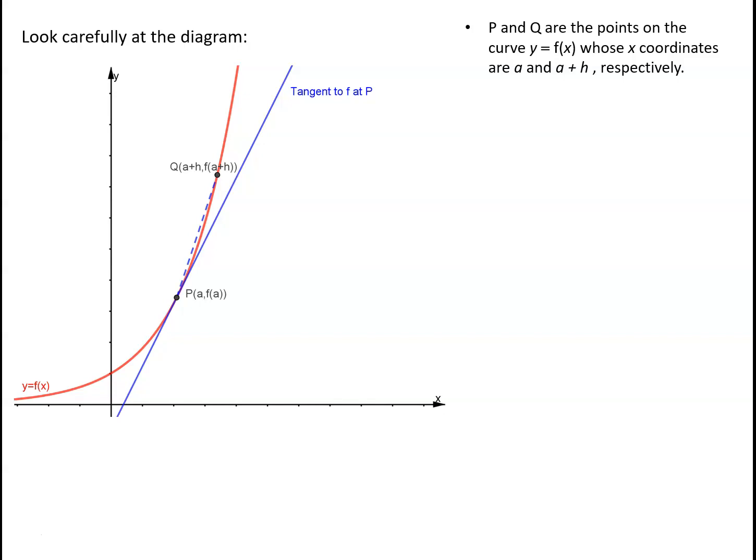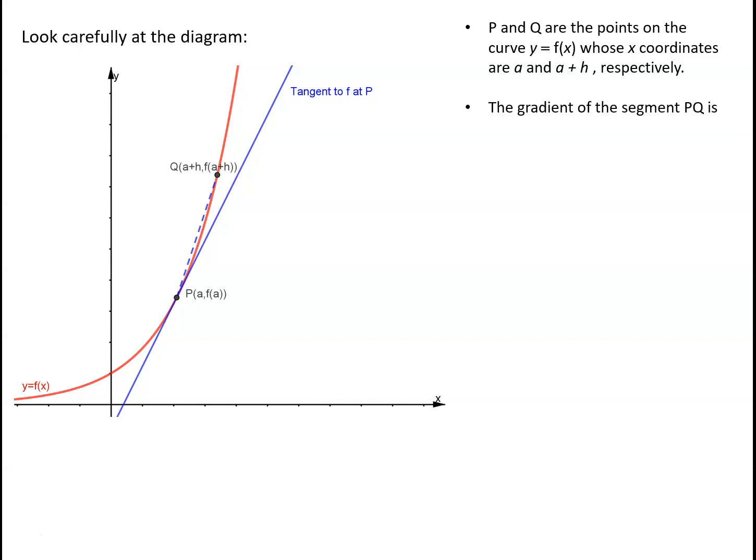So the coordinates of P are the point a, f of a. And Q is the point whose x-coordinate is a plus h. So the y-coordinate of Q will be f of a plus h.